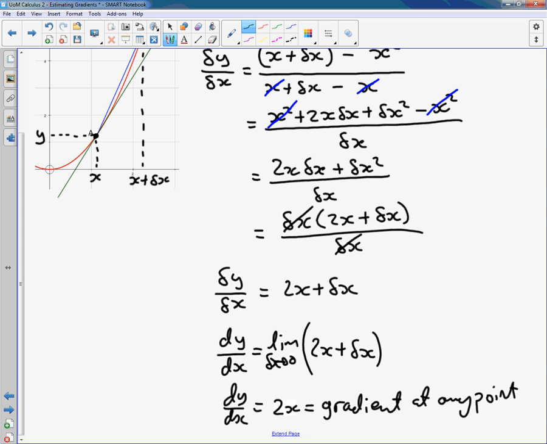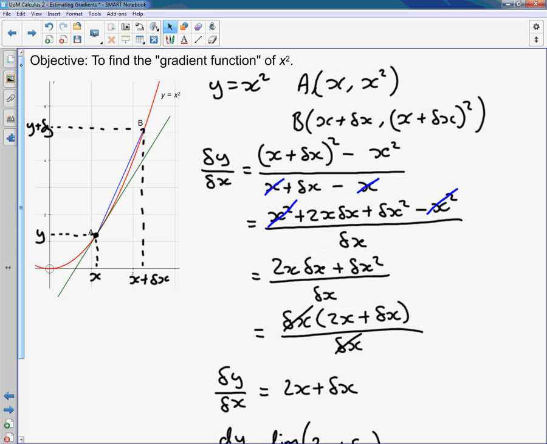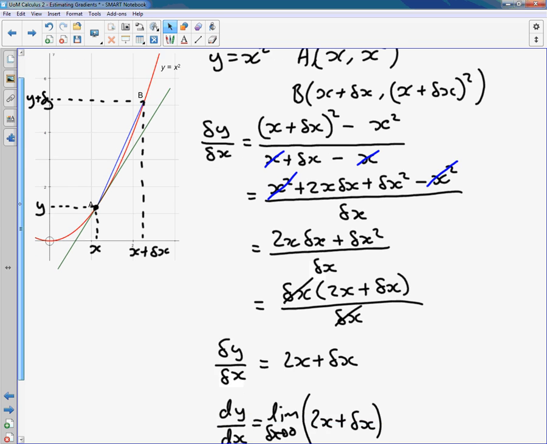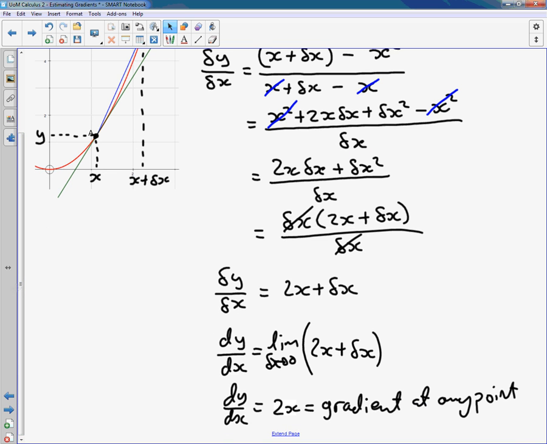Clearly that's right. So what we have there is a method for finding the gradient function of any equation, simply by saying x plus delta x, find the difference in our numerator, find the difference in our denominator, find the difference between the y coordinate in our numerator, and then say what happens when delta x tends towards 0.